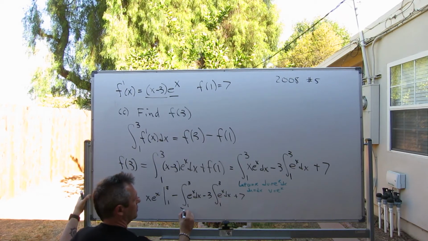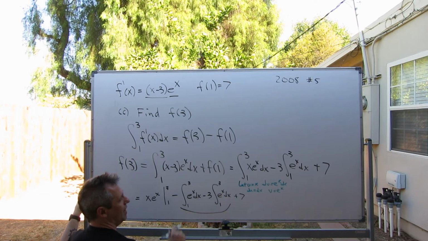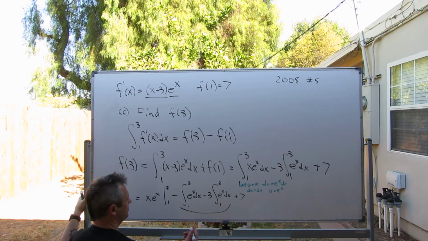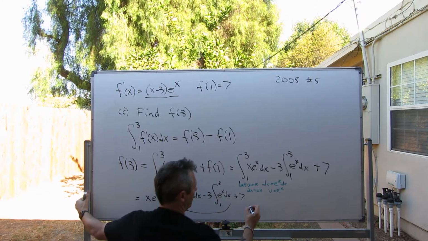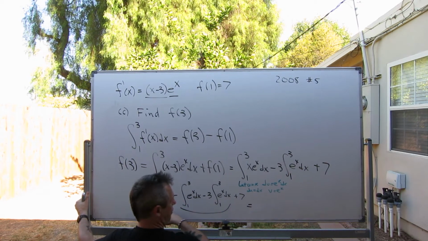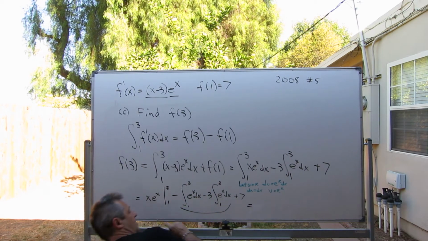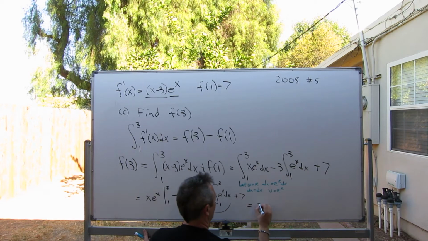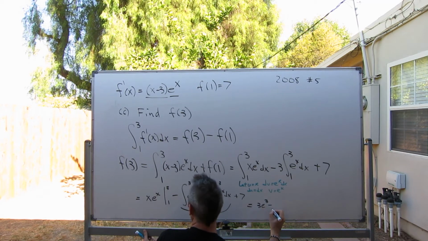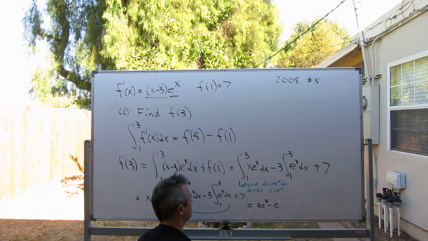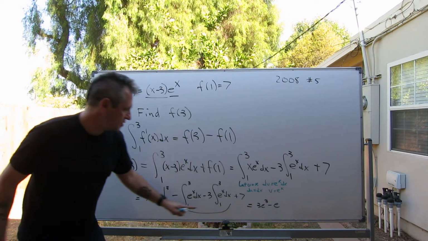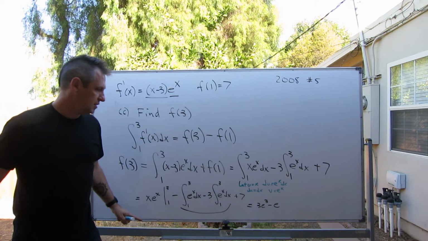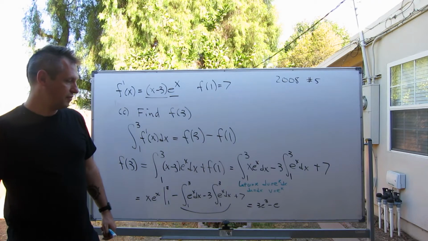So just looking at these two things here, it appears that we have minus 4 of these things. So let's go ahead and just plug in what we see, everything that we have here. So I'm going to plug in a 3 and a 1 into the x e to the x and subtract. So I have 3 e to the 3 minus e.